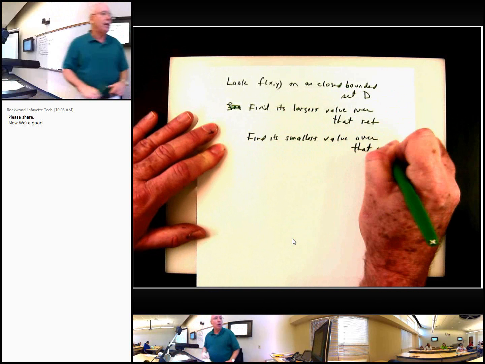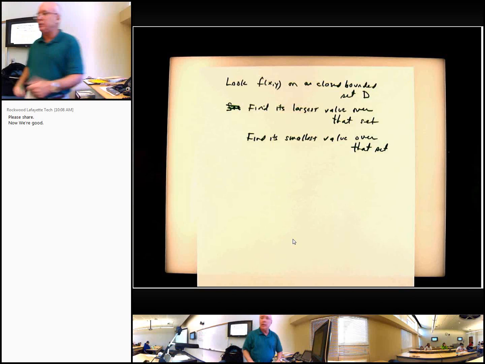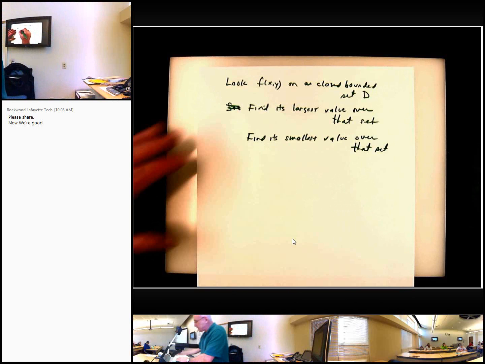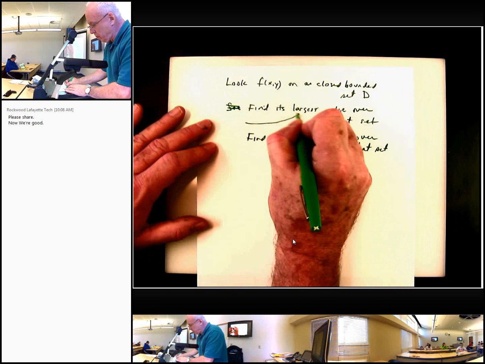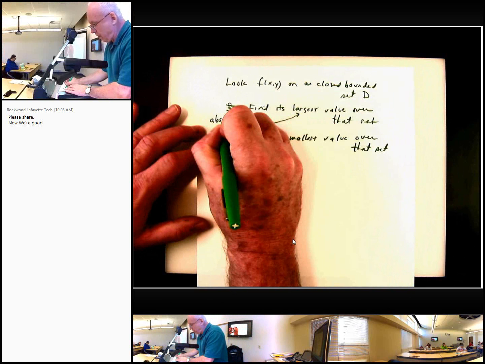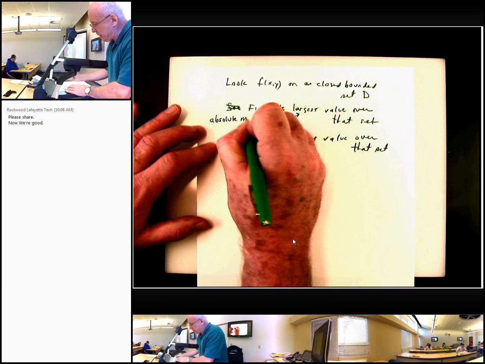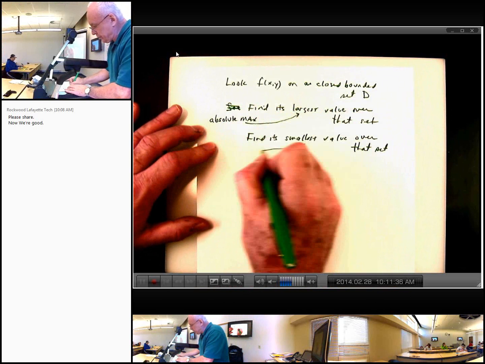The largest value is called the absolute maximum. The smallest value is called the absolute min.